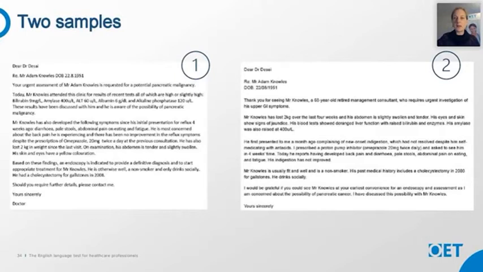Maria is saying number 1 is more concise. Sonia says number 1 goes straight to the point. Some of those who like number 2, do you want to come back and explain why number 2 is your preference?